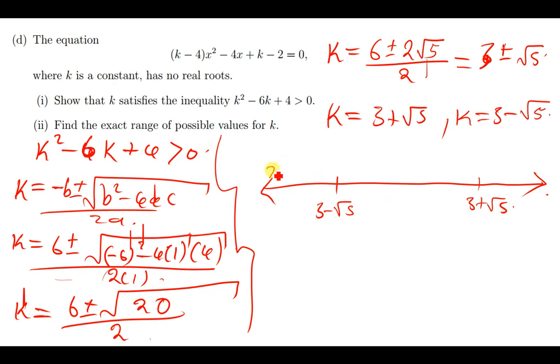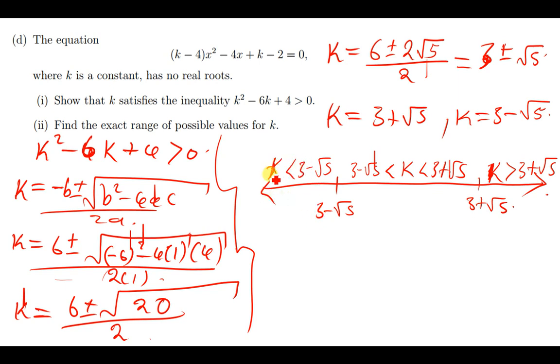So this side we have all values of k less than 3 minus the root of 5. Then here we have 3 minus the root of 5 less than k, then less than 3 plus the root of 5. Then here we have all values of k greater than 3 plus the root of 5.